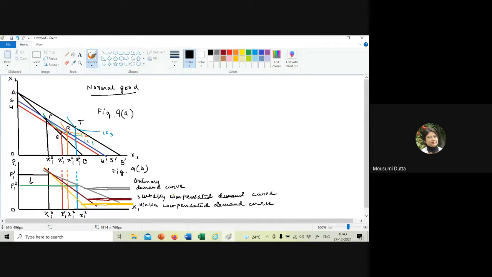A movement from P to Q measures the Hicksian substitution effect.